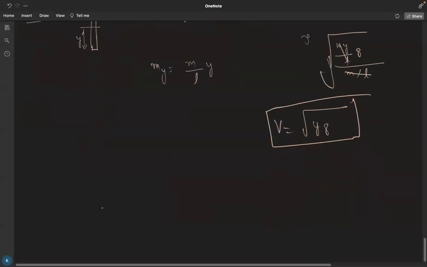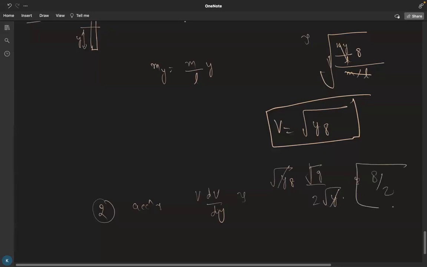Now the second thing is, what is your comment on acceleration? So acceleration is actually v dv by dy, as we know from kinematics. So here v is root under yg, and dv by dy is, when you differentiate, 1 by root under 2 yg times g, so 1 by 2 root y times root g. So it gets cancelled, and we get the acceleration as g by 2, which is 5 meter per second square.